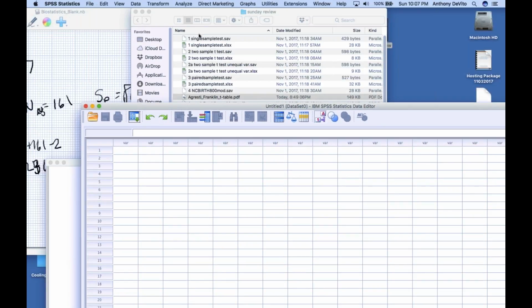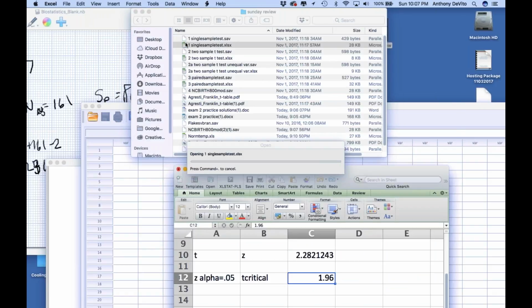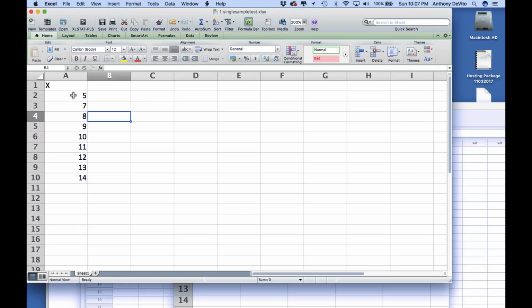Okay, first, I'm going to take a quick look here. One of these problems involved a single sample test. Here's a list of people. There are 9 measurements, randomly sampled from 9 people in this population. And these are the values that we got, whatever those values represented. But it's a single sample.